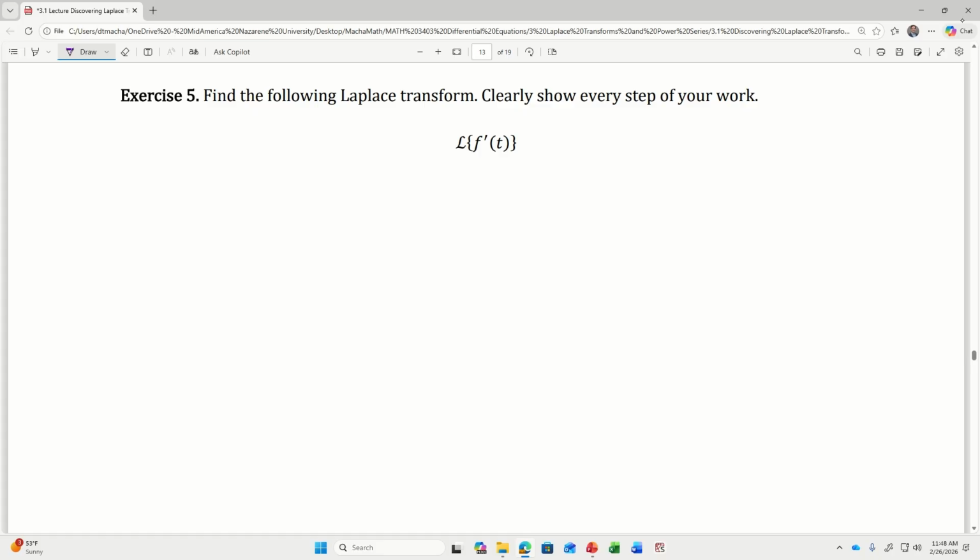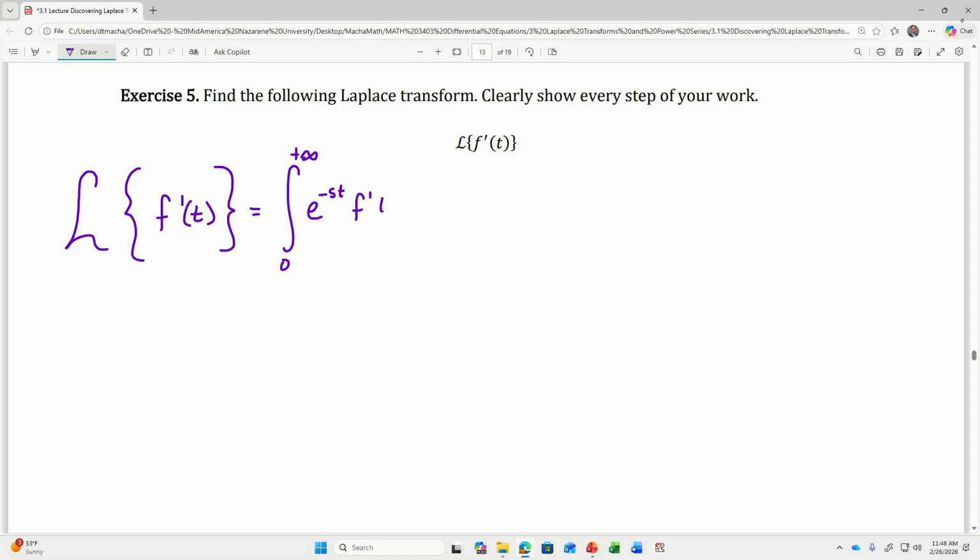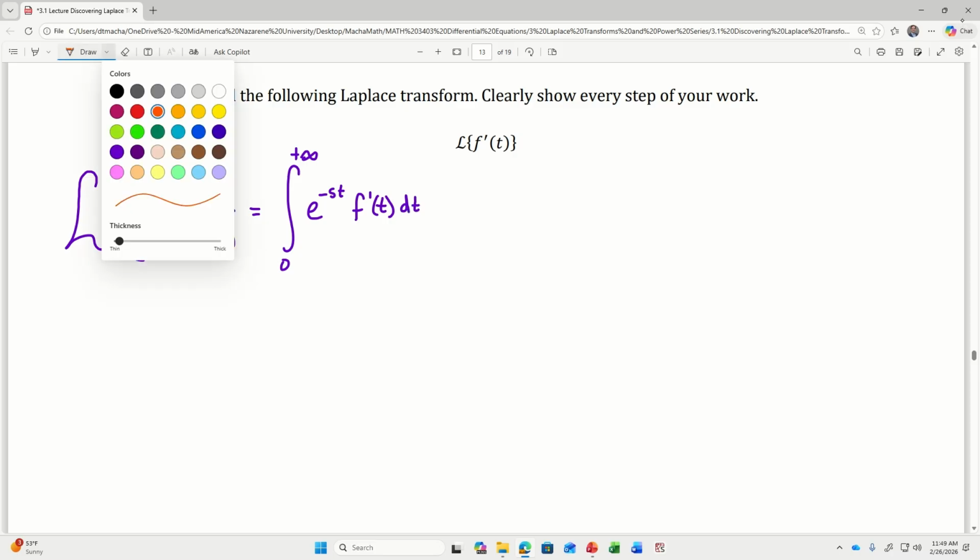So the Laplace transform of f prime of t is going to be the integral from 0 to plus infinity of e to the negative st times f prime of t. And the way we continue is by integration by parts.